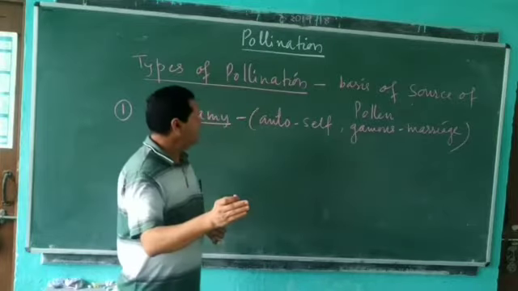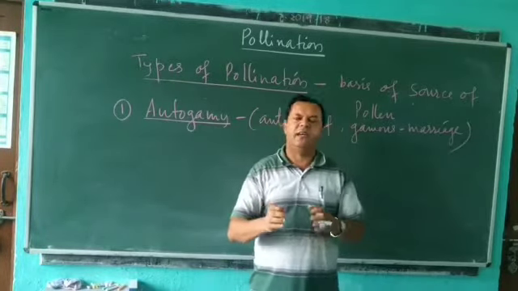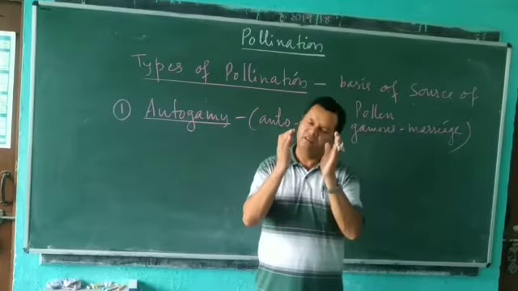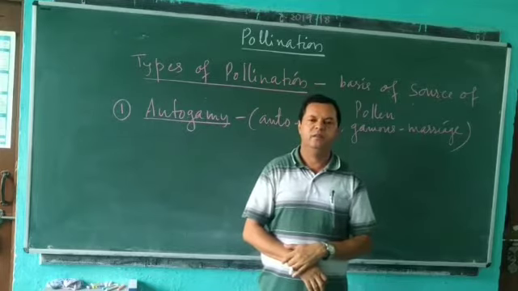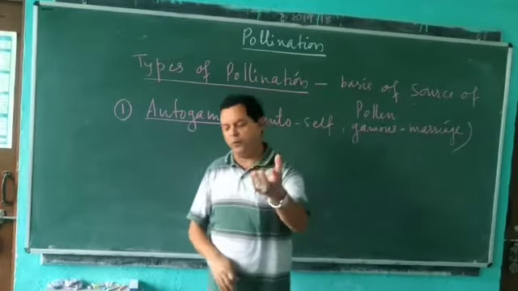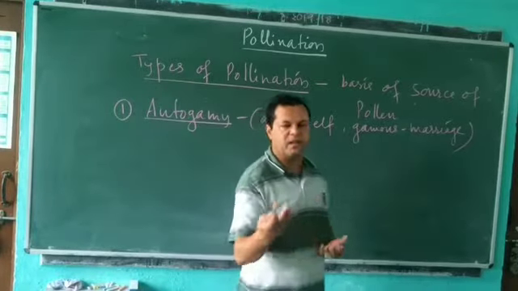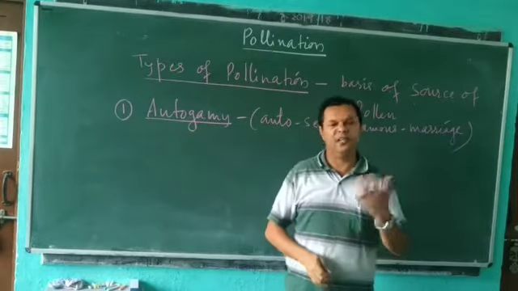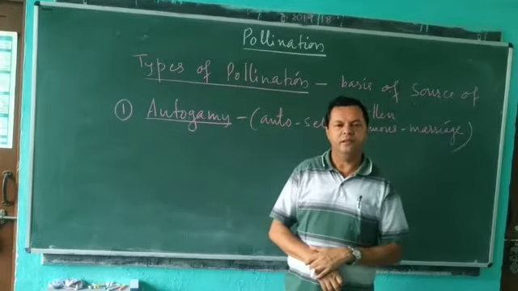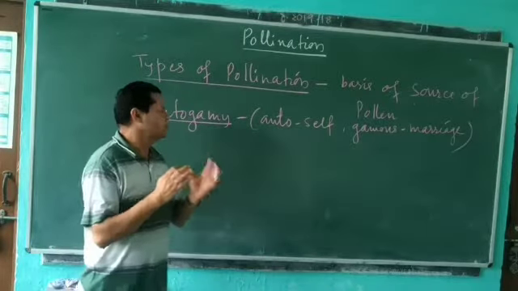That means they should be simultaneous. If pollen grains mature early, before the stigma becomes receptive, autogamy may not take place. So, pollen release and stigma receptivity should synchronize.